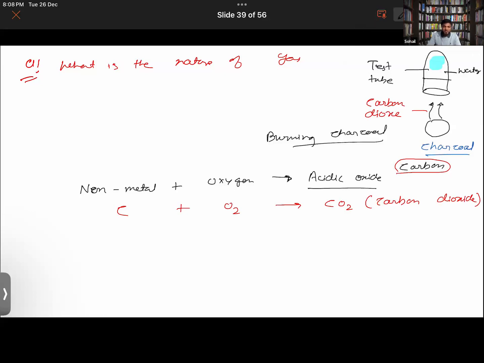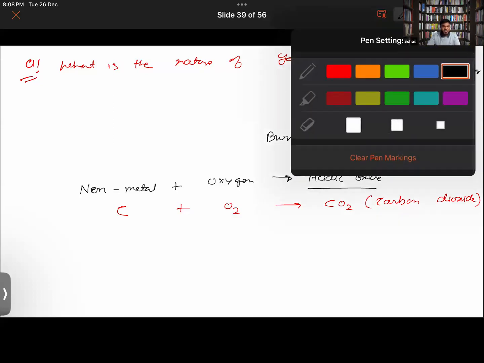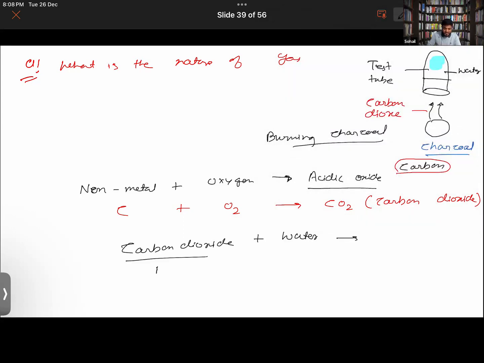So now I have got the aqueous solution of carbon dioxide gas. When carbon dioxide reacts with water, so हमें क्या मिलेगा? Since carbon dioxide is acidic oxide, obviously when an acidic oxide reacts with water, you will get an acid, and that is called carbonic acid.